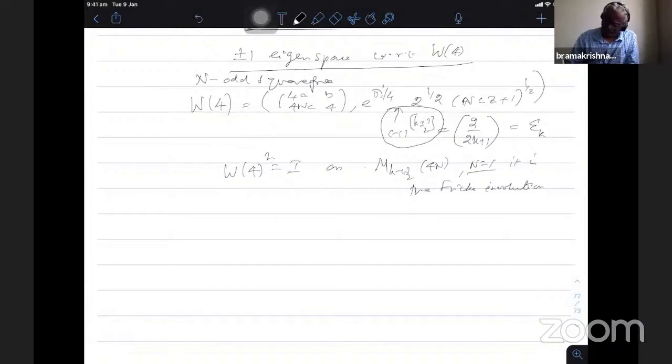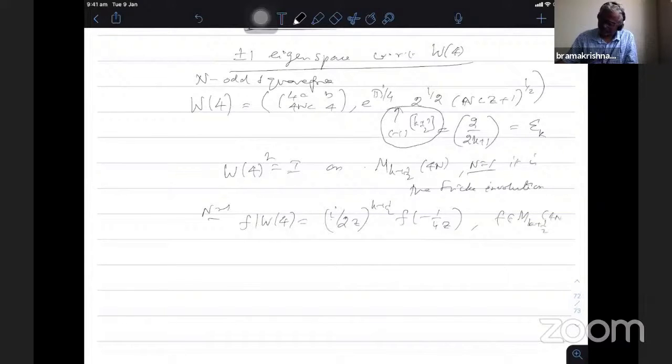So note that f bar W4 when n equal to 1, f bar W4 is (2z/i)^(k+1/2) f(-1/4z), f belongs to M_{k+1/2}, n odd also it is true.